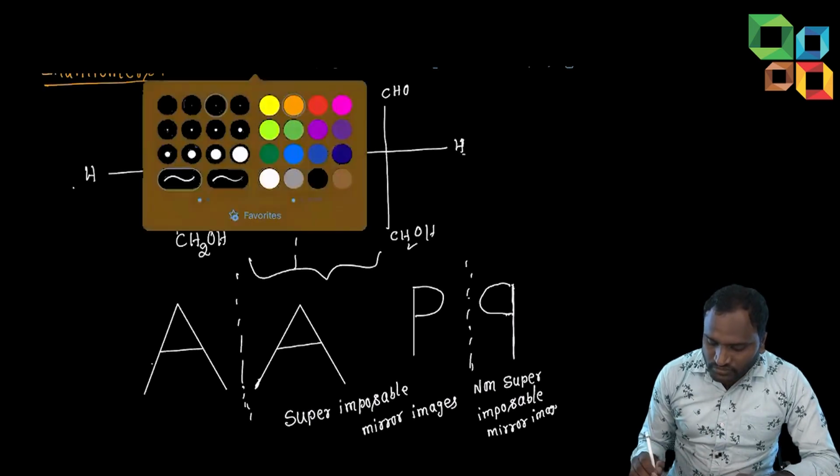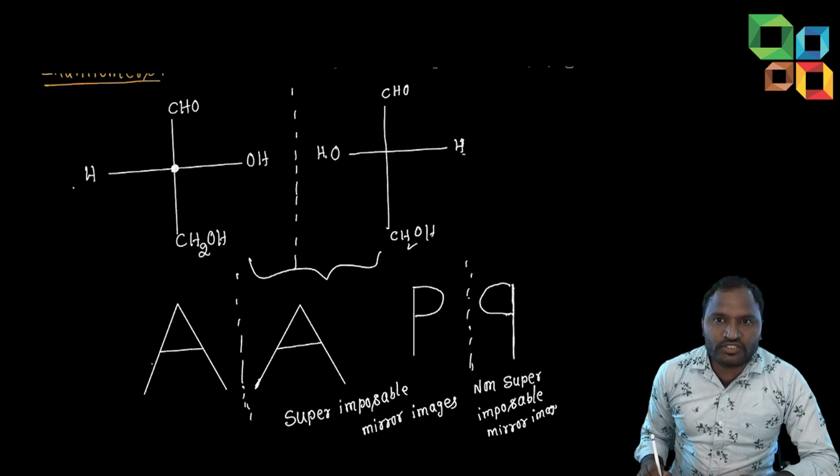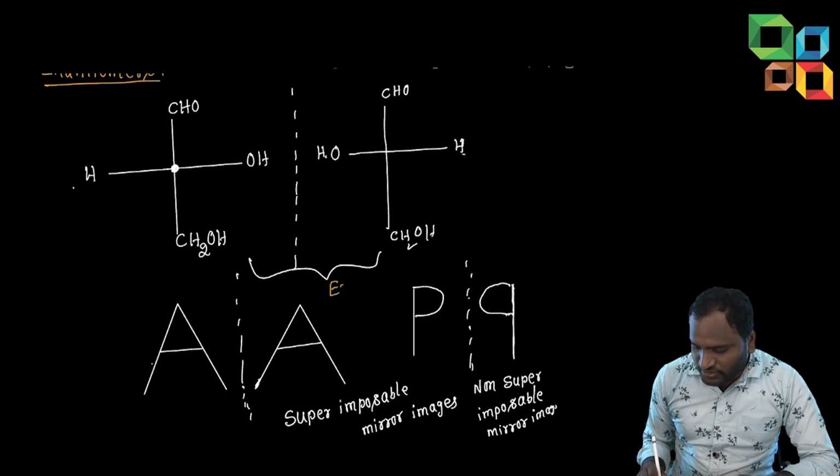So this one and this one, can we say now they are enantiomers? Yes, sir. Only Jyoti is telling, Chinmay, others are not giving any reply. Enantiomers or not? Yes, sir. Enantiomers, because they are mirror images but not superimposable.